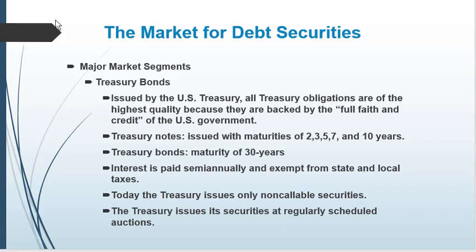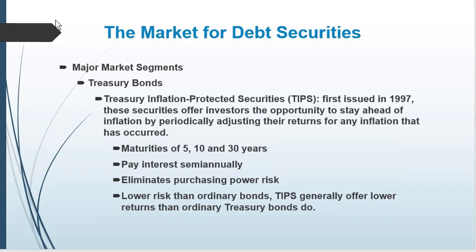And certainly from time to time, the government has to issue more debt. So it is a regularly scheduled kind of system where the auction takes place and this debt is issued to the public. There is a segment of treasury debt, though, that's very special, an area referred to as inflation-protected securities.